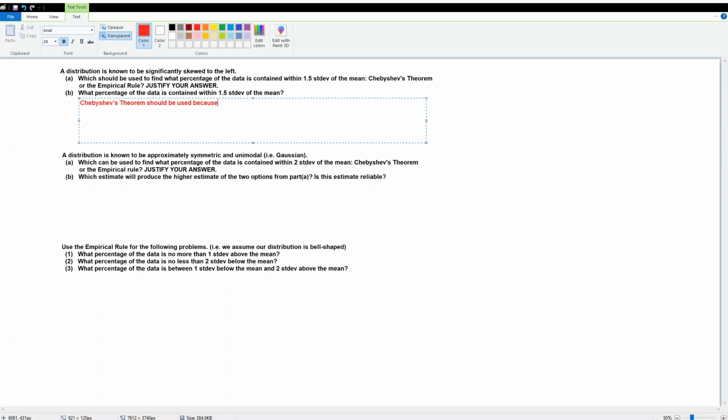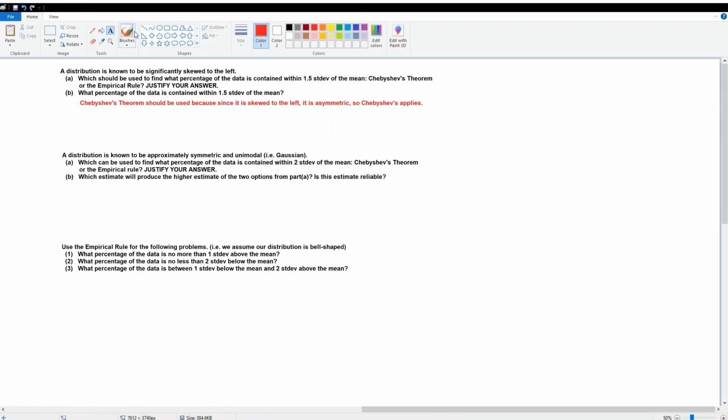Because since it is skewed to the left, it is asymmetric. So Chebyshev's applies. Again, since we're significantly skewed left, it's not symmetric. Chebyshev's is for asymmetric.